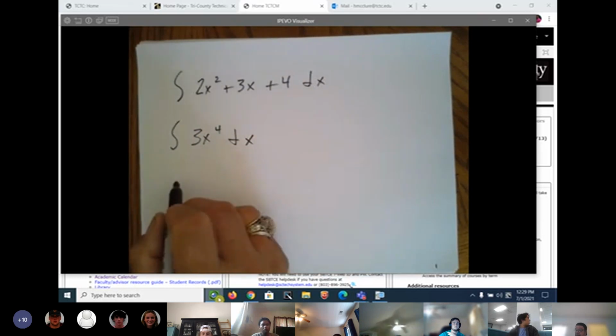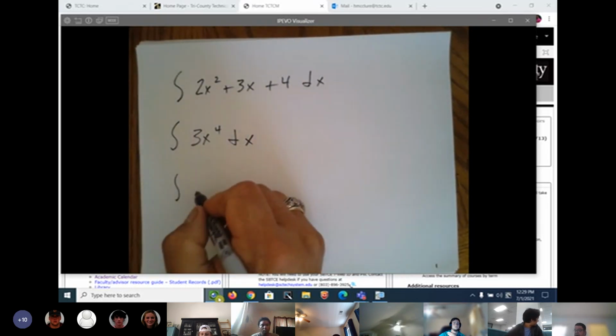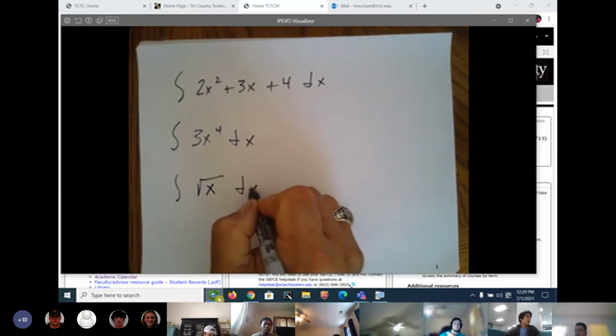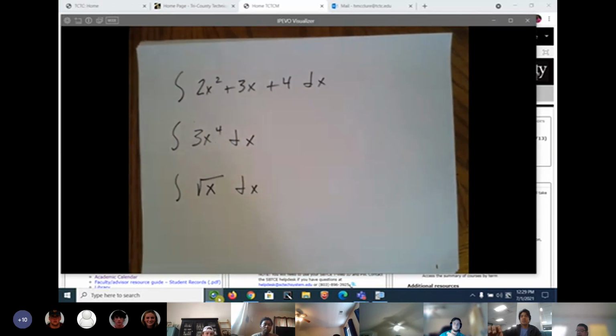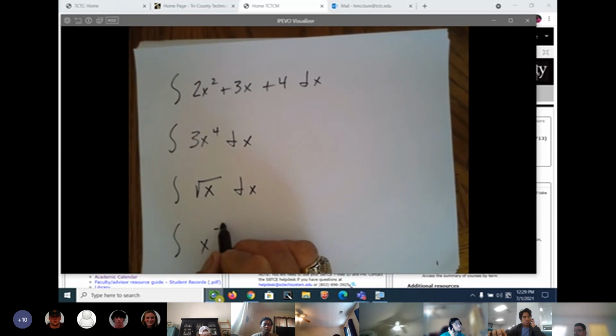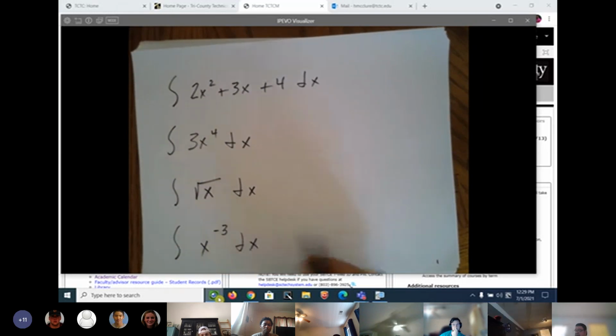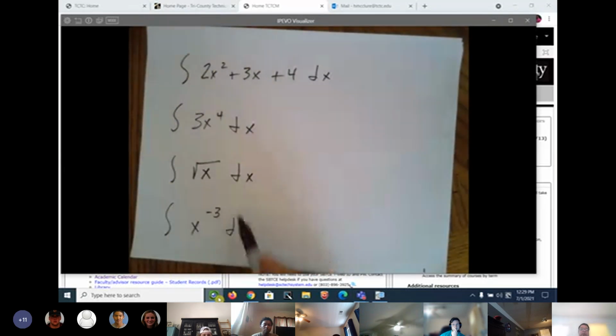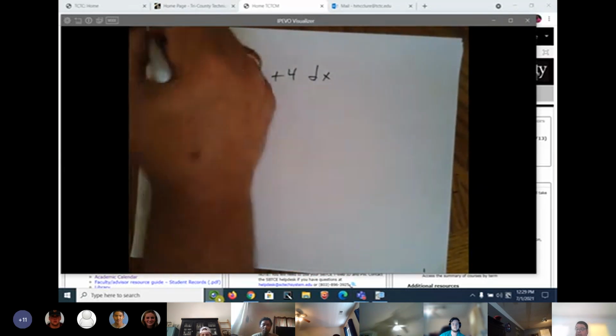We know how to take the antiderivative of the square root of x dx because you've got to rewrite it as x to the 1/2. We know how to take the antiderivative of x to the -3 dx. Okay, we know how to do the basics, and this is the power rule. That's 5.3, I guess.